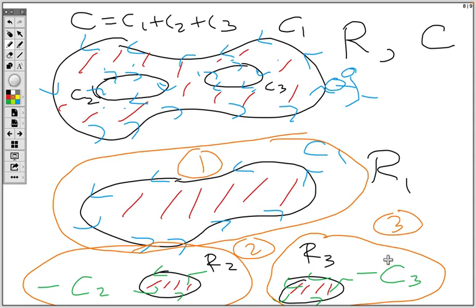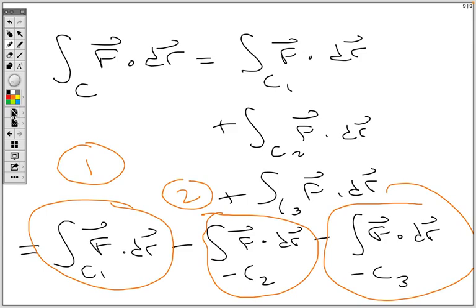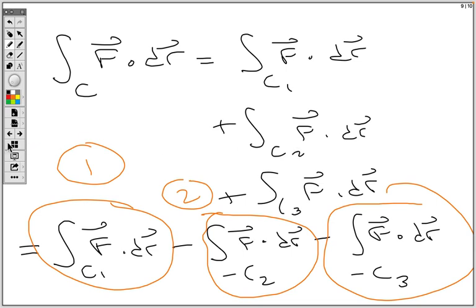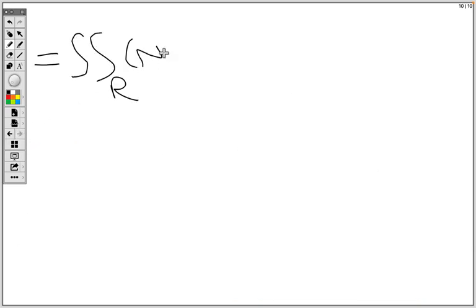So what would Green's theorem say? I can convert all of these to double integrals using Green's theorem. So this would be a double integral over R of the scalar curl, Nx minus My dA.